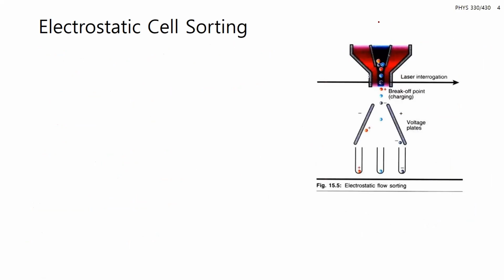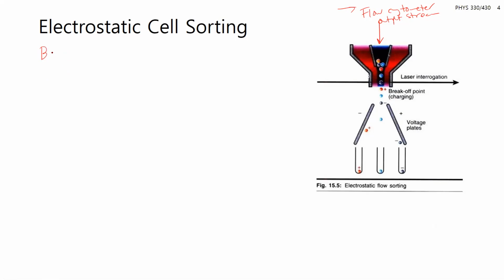So this would be the output of your flow cytometer. Up here would be your optical laser and your readout. And instead of just putting this into a waste container, you can have a cell sorter attached at the end there.